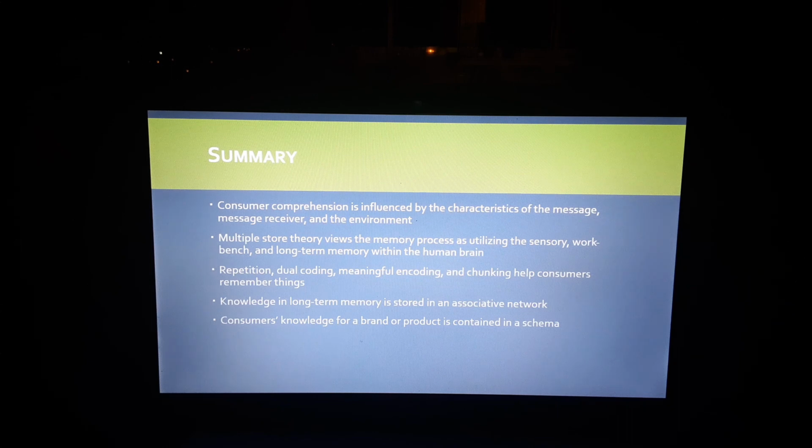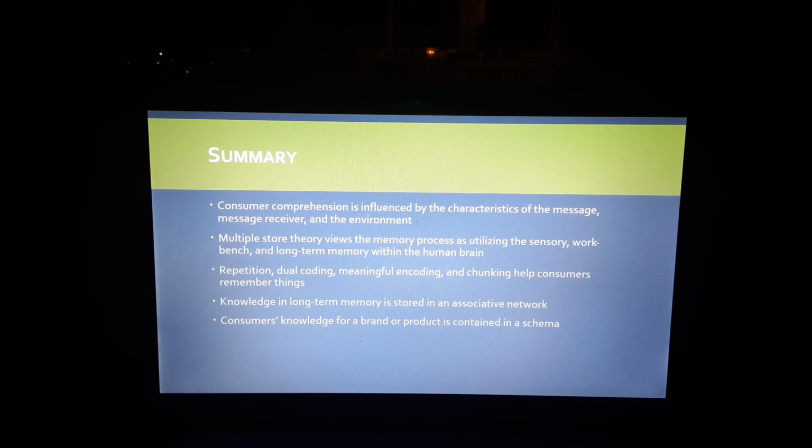Okay, so quick summary here. Consumer comprehension is influenced by the characteristics of the message receiver, and the environment. Multiple store theory views the memory processes utilizing the sensory, working, and long-term memory within the human brain. Repetition, dual coding, meaningful encoding, and chunking help consumers remember things. It's a way we organize thoughts for easy retrieval.